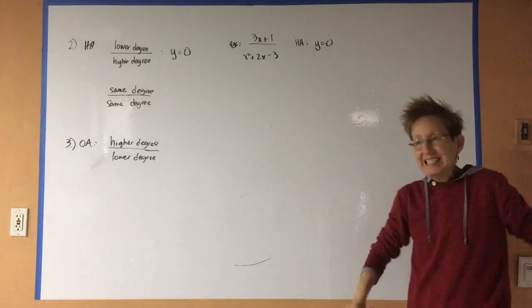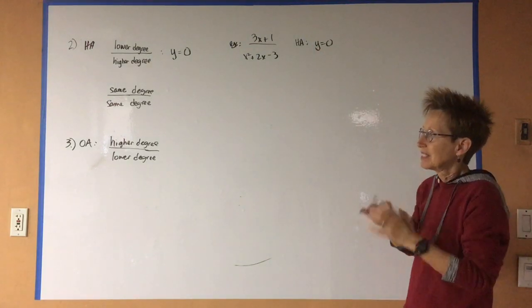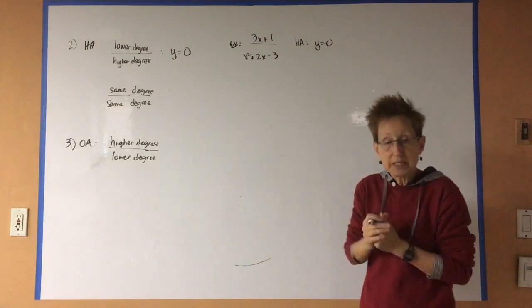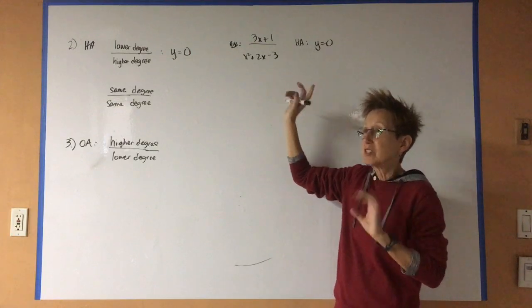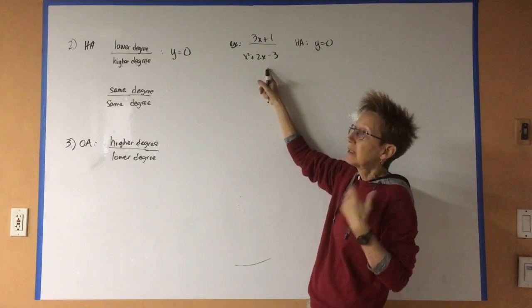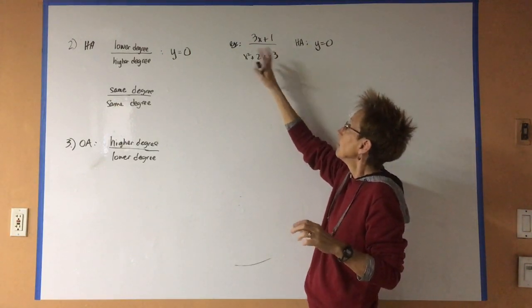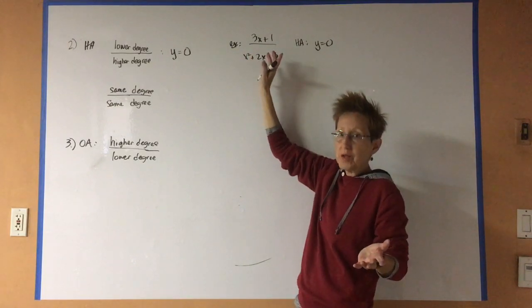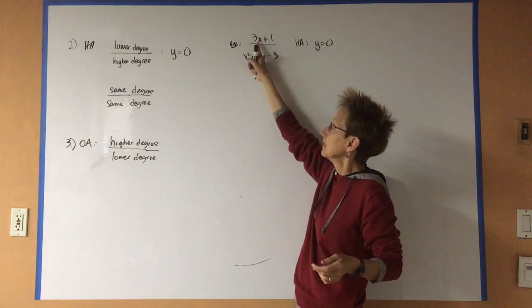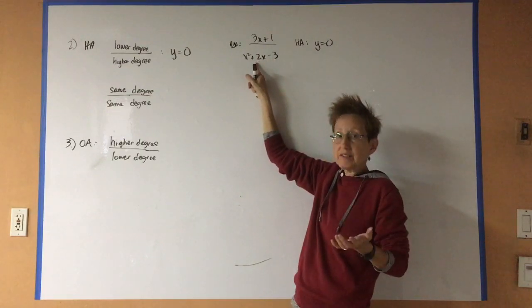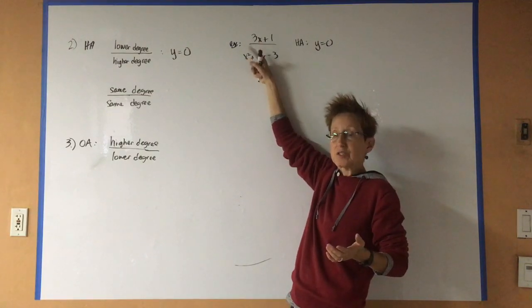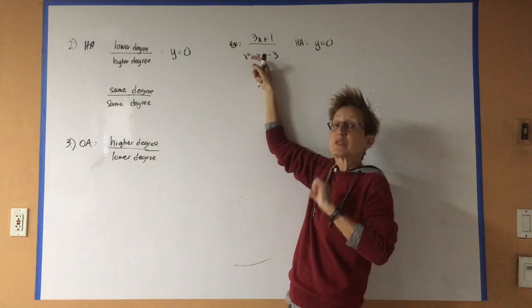Why is that? This is a little bit of calculus, something that's called limits. Thinking just logically about what's going on here, think about letting x get bigger and bigger and bigger. If I have a lower degree over a higher degree, the bottom is getting bigger faster than the top, and so this whole fraction is getting closer to 0.